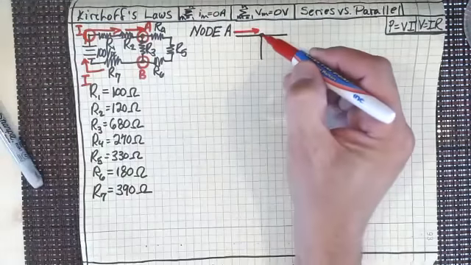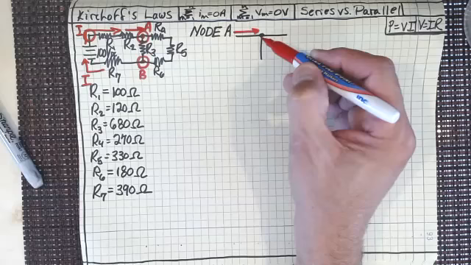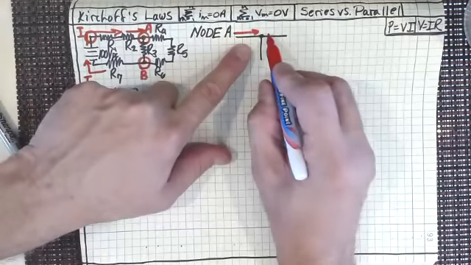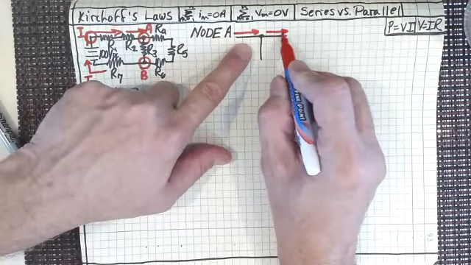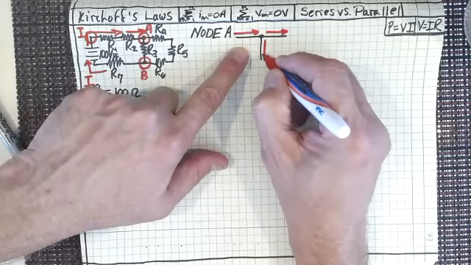And then if it's flowing in, it only has two ways to get out. It can either go out this way, or it can go out this way.